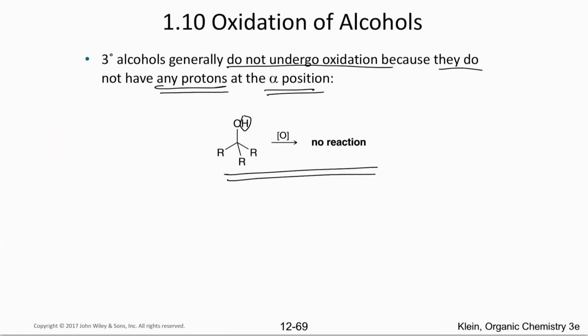Now let's take an example. Let's say I have some alcohol, and it undergoes oxidation. The first thing to remember is we have to determine whether this alcohol is a primary or a secondary alcohol.